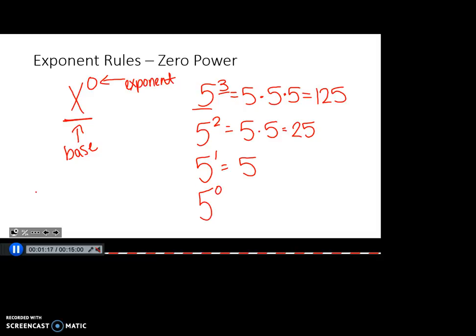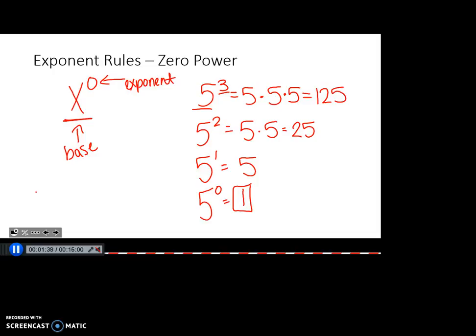So if I have 5 to the 0 power, it's telling me that they want me to write down that base of 5 no times. So if I'm not writing anything in there, just like everything in math, if I want to hold its spot, it's going to equal 1.